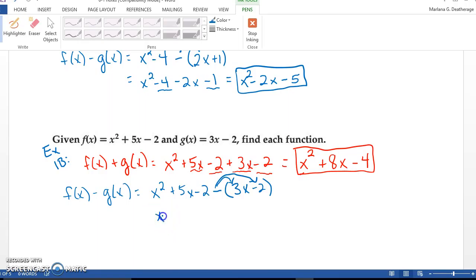So we have x squared plus 5x minus 2 minus 3x plus 2. It changes both of those signs. So when we combine, what do we get? Well, it's negative 2 plus 2. They cancel out. Right, so that's it.